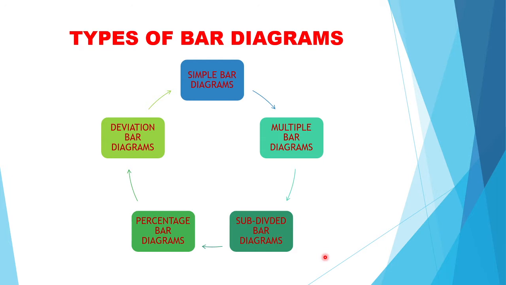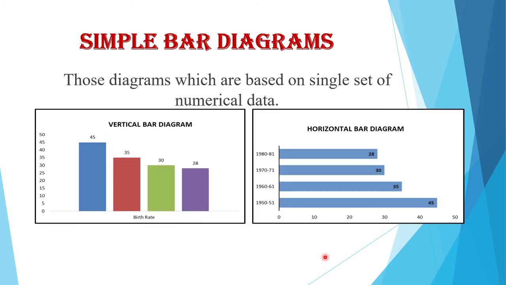So let us start with the types of bar diagrams. Here you can see the types of bar diagrams are simple bar diagrams, multiple bar diagrams, subdivided bar diagrams, percentage bar diagrams, and deviation bar diagrams. The first one is the simple bar diagram, in which a single set of numerical data is presented.